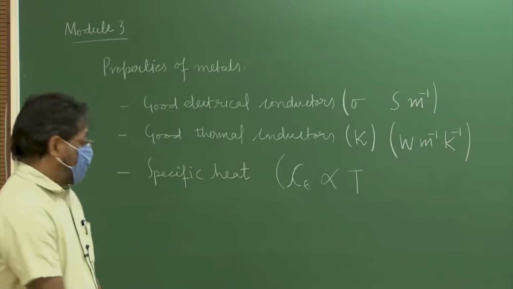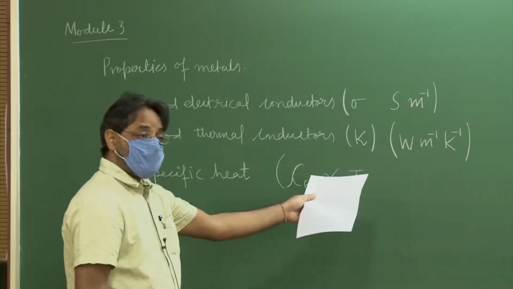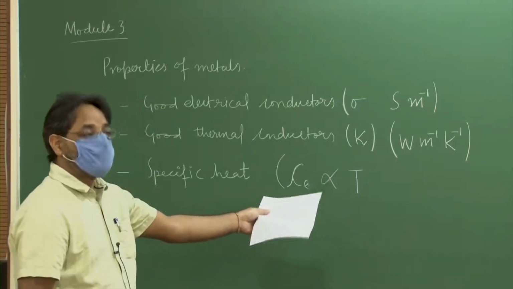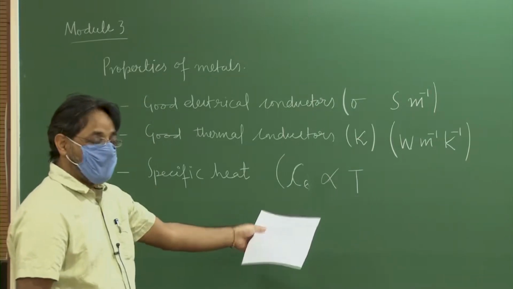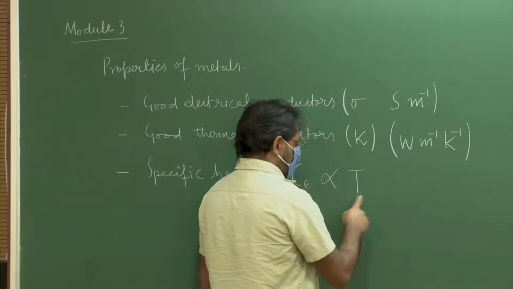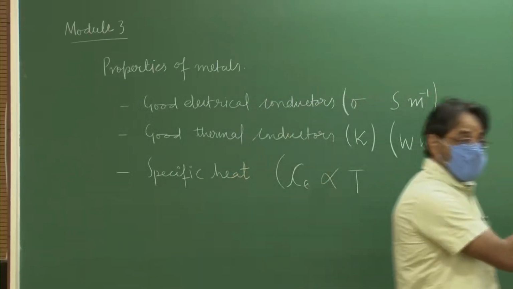But C electronic goes as T up to very high temperatures, practically all the temperatures that you can access before melting the material. And this is something which is very puzzling: why the specific heat of metals increases linearly with temperature for all practical purposes.